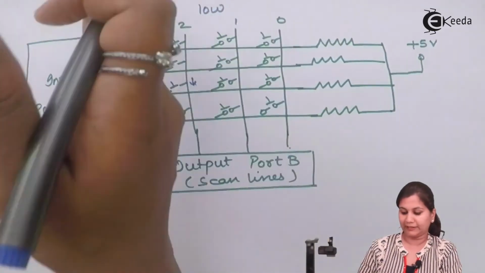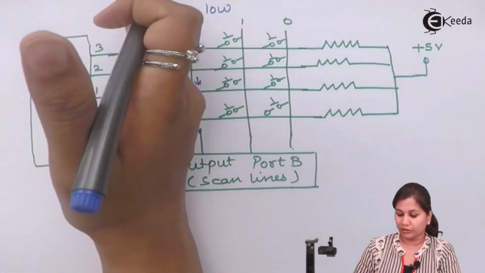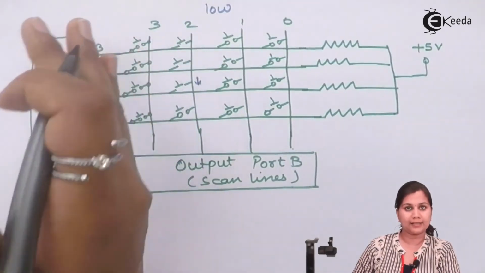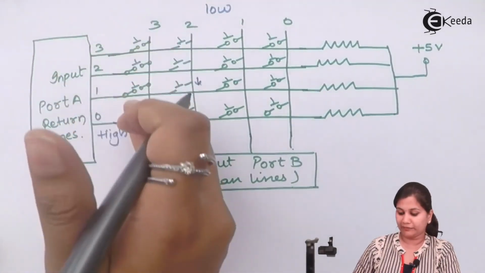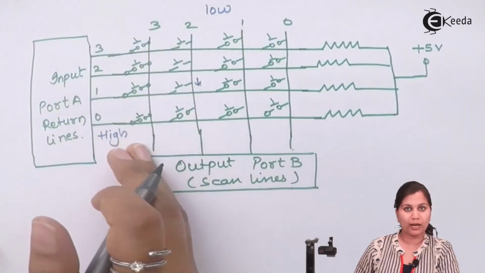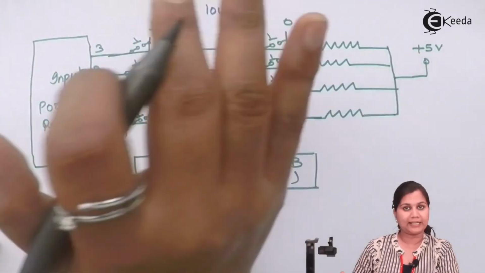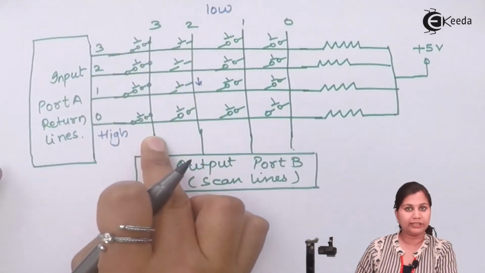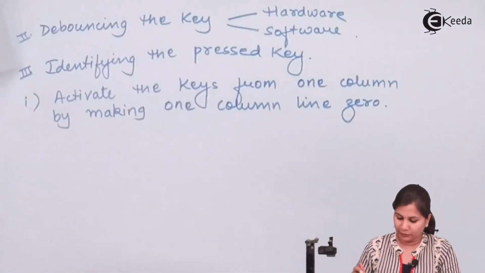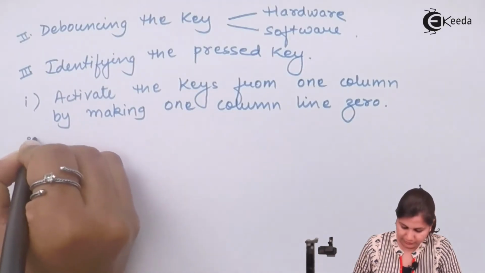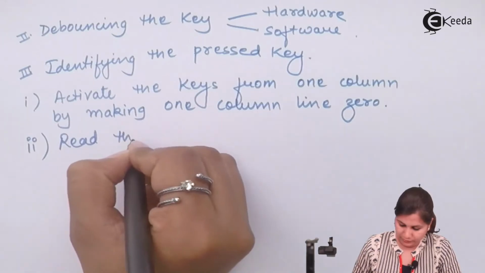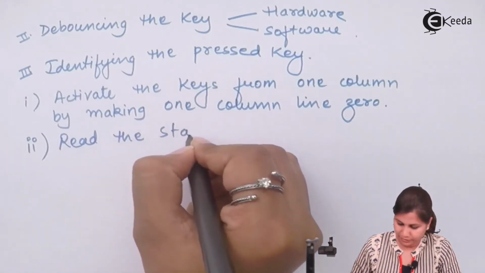First of all, we will activate the third column. The third column will be activated by making its line 0. We are going to activate all the keys in that column by providing low, and all the remaining lines will be at logic 1. Only the column number 3 line will be at logic 0. After that, read the status of the return lines.